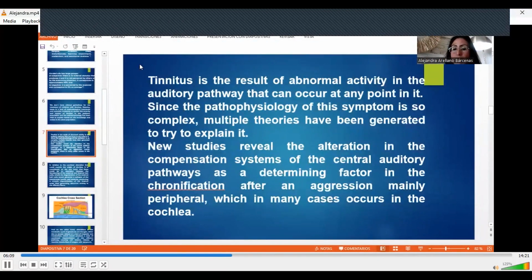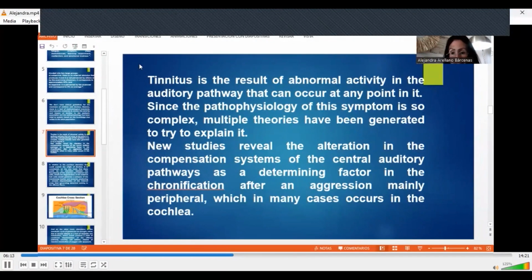But we have new studies that reveal the alteration in the compensation systems of the central auditory pathways as a determining factor in the chronification after an aggression, mainly peripheral, and in many cases this aggression occurs in the cochlea.